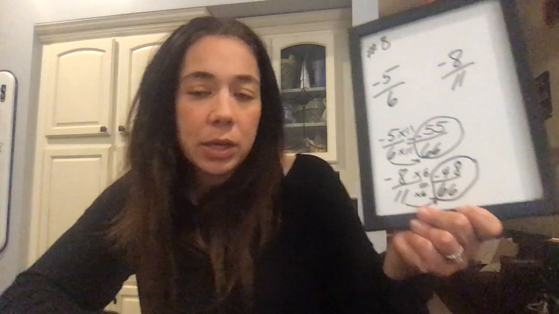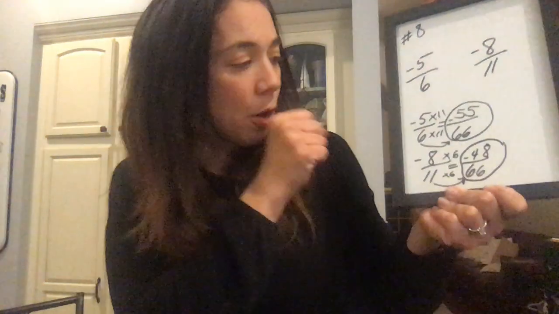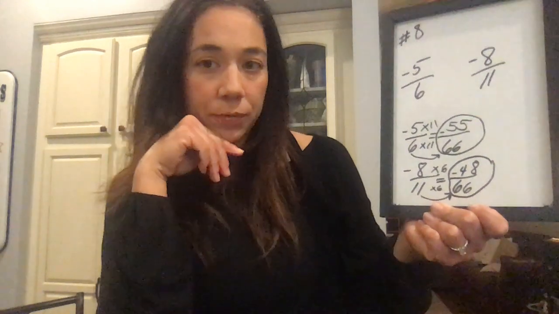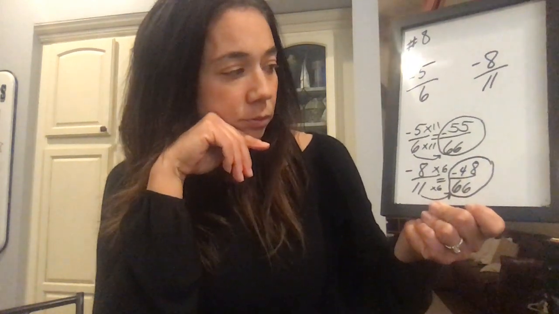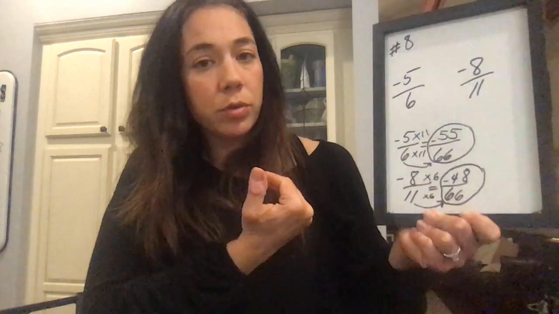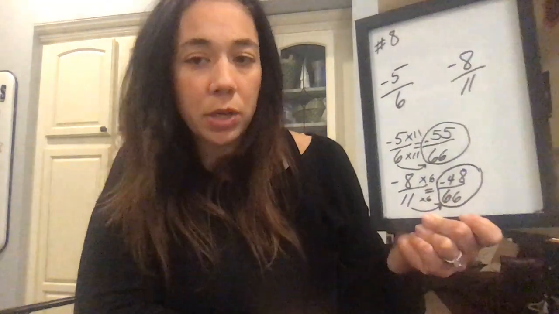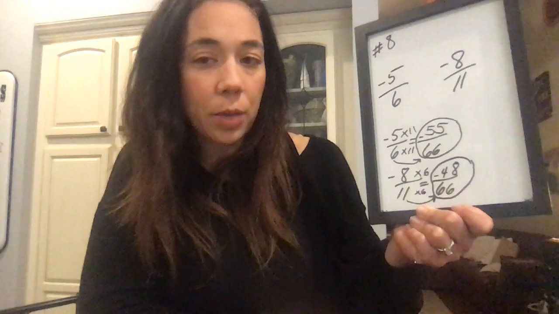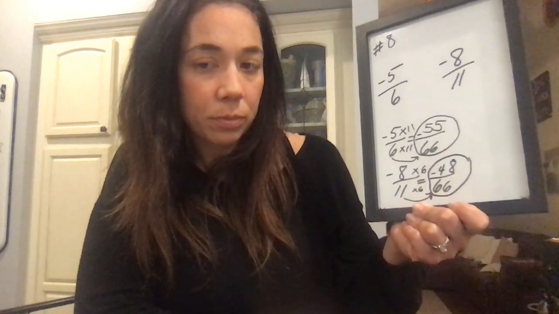Now, here's where it could get just a little bit tricky. But let's remember what you know about negative numbers. We know that the farther away from 0 you get, the smaller the number gets when we're talking about negative numbers.